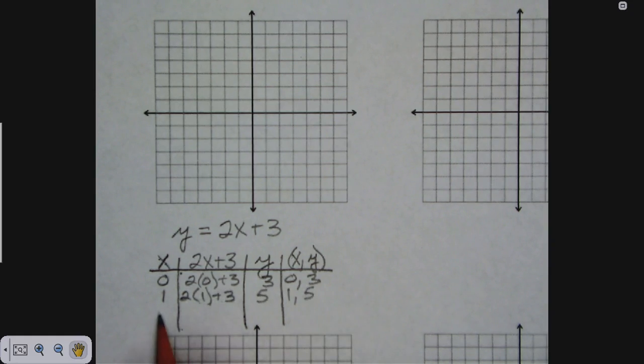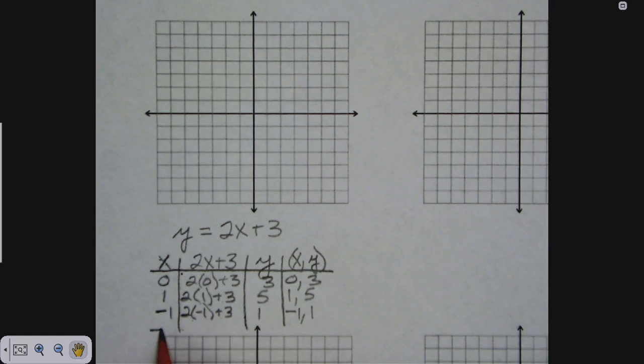Let's try a negative 1. 2 times negative 1 plus 3, so that's negative 2 plus 3. That's 1. So negative 1, 1. And let's try negative 2. 2 times negative 2 is negative 4, plus 3 would be negative 1. And I would have the ordered pair (-2, -1).